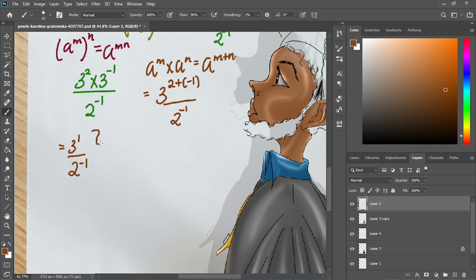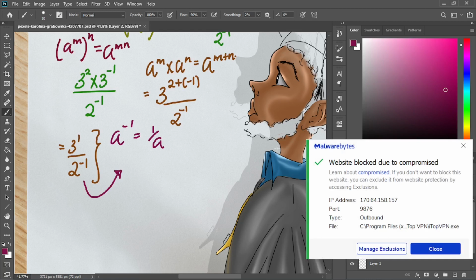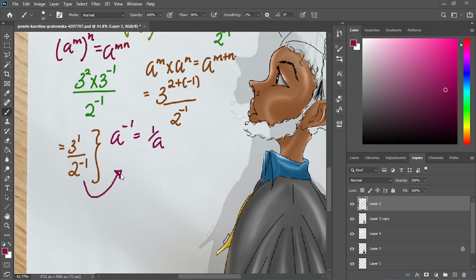But from here, you also need to keep in mind that when I have a base a raised to power negative 1, the answer is the same as 1 over a. So if I have 3 to the power 1 divided by 2 to the power negative 1, this is going to be the same as 3 divided by a half.